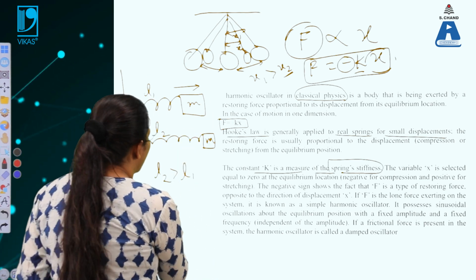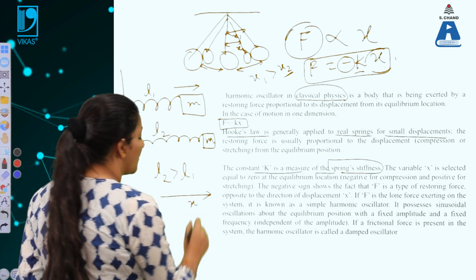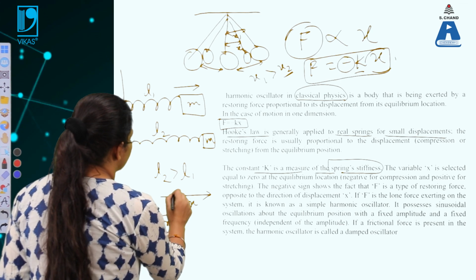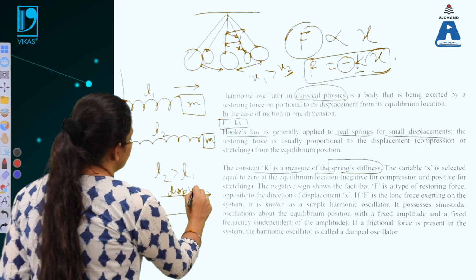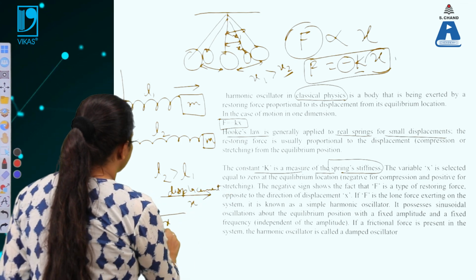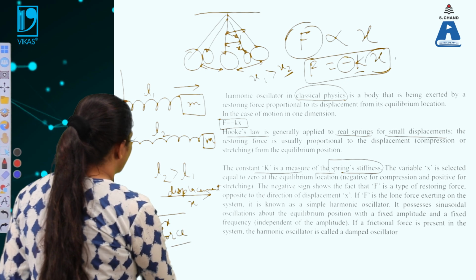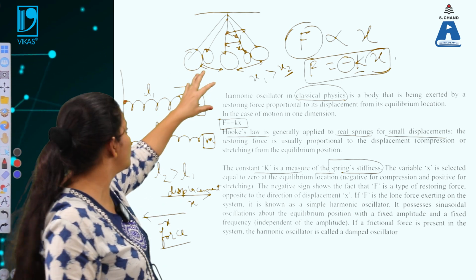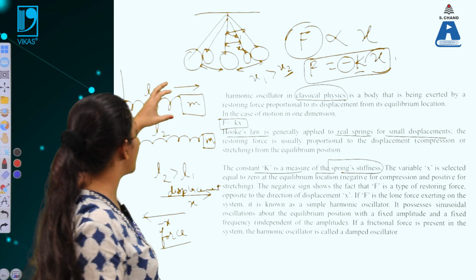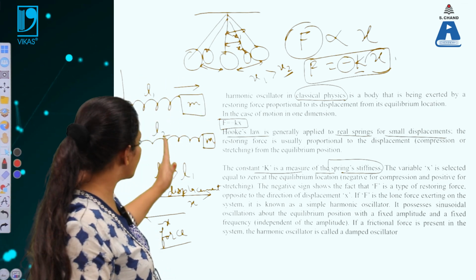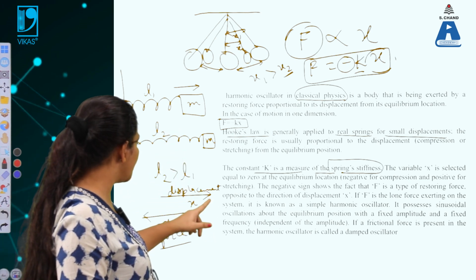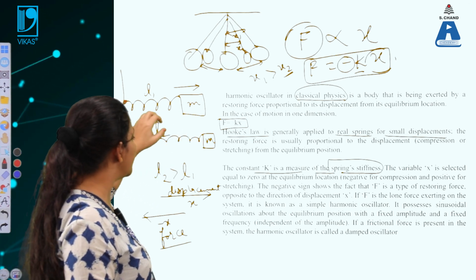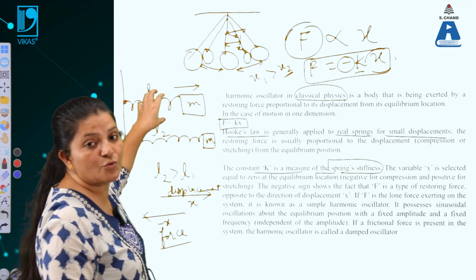That means if the displacement is along the positive x-axis, then the restoring force will act along the negative x-axis. The direction of applied force is the same as the direction of displacement, but the direction of restoring force is opposite, because the restoring force always tries to bring this body with mass m to its original position.